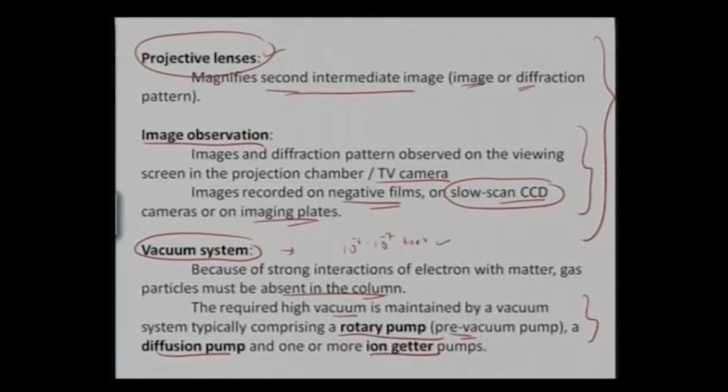So here we see that we require projective lenses for magnifying the second intermediate image, and then for visualizing the image I need some sort of a TV camera or a CCD camera, or I can record it on an imaging plate, or on a negative film. And since everything is happening with the electrons, the electrons need not interact with the nearby gases.